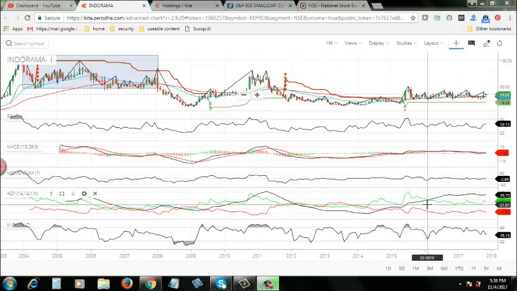Just knowing how to use a technical indicator is not enough. Most of the time the technical indicators give us wrong signals, and you need to understand when a particular indicator is throwing a wrong signal and when it is showing us the right path. Right now ADX is throwing a wrong signal here.